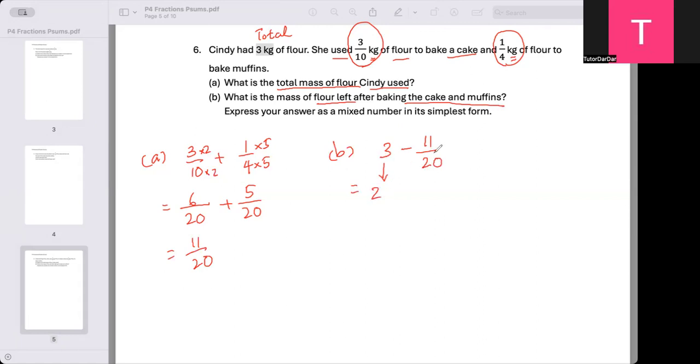Look at the denominator, which is 20. So I can write 20/20 minus 11/20. So 2 minus nothing here. So it will be 2. 20 minus 11, you will get 9. And the denominator is 20. So the answer is 2 9/20.